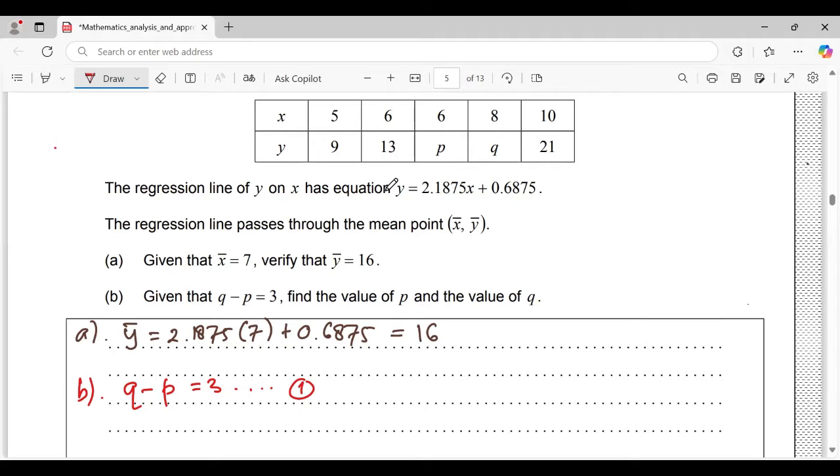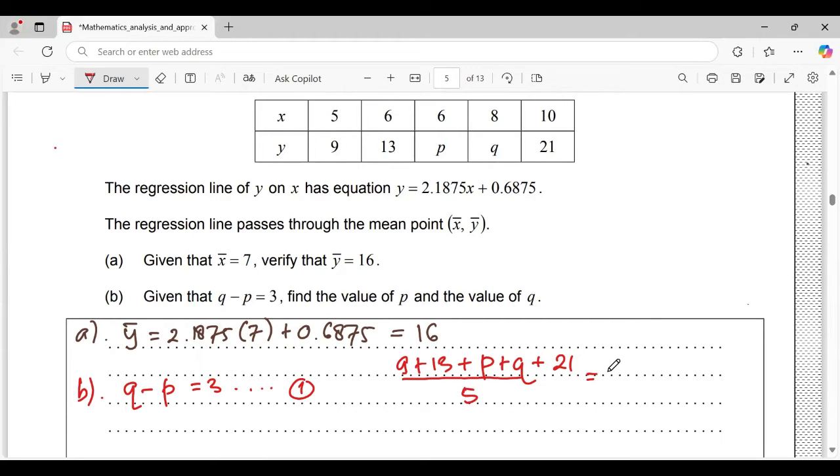According to this table, the sum of the Y data is 9 plus 13 plus P plus Q plus 21, over 5, because there are 5 data points.